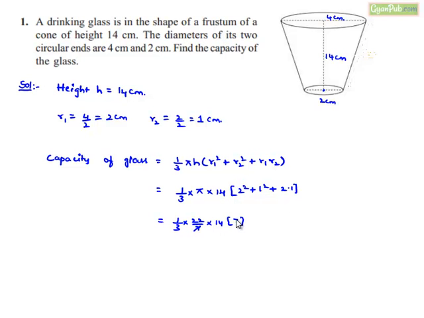Here 7 goes in 7 one time, and 22 times 14 is 308 divided by 3 centimeter cube. Therefore, the capacity of the glass is 308 by 3 centimeter cube.